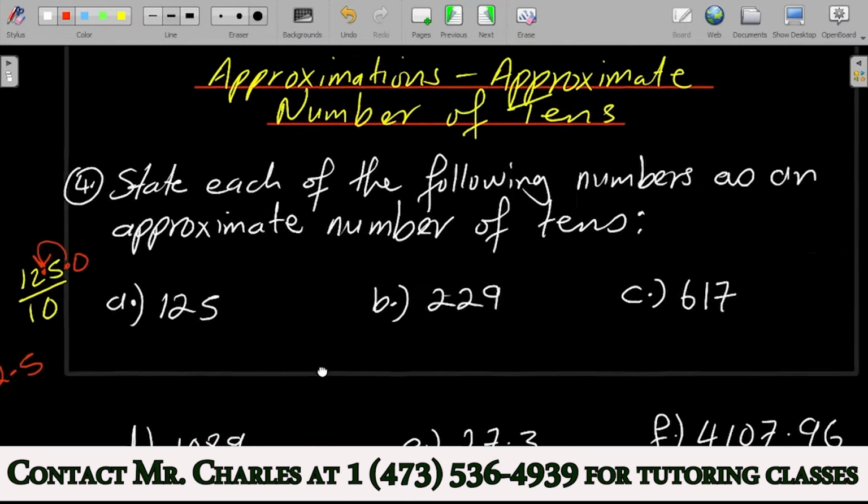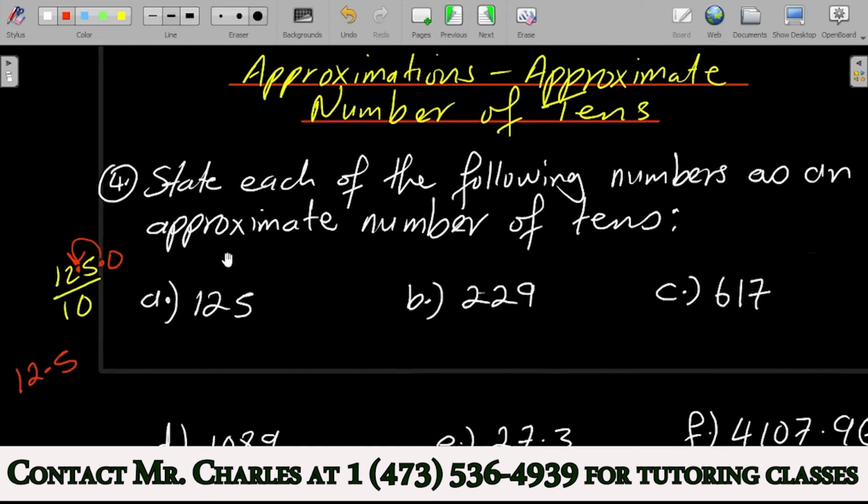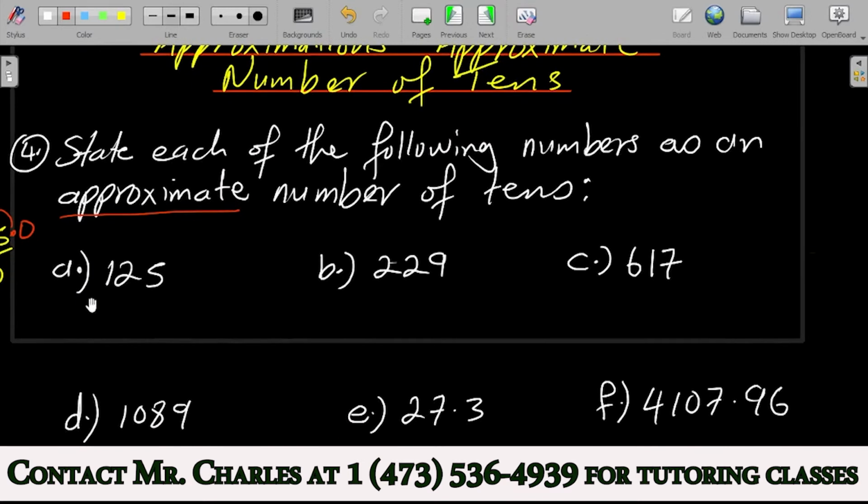However, the question didn't ask us for an exact answer. The question asked us for an approximate answer. Okay, so state each of the following numbers as an approximate number of tens. So that's the key word here, approximate. So the first thing we have to do is round off 125 to the nearest tens.